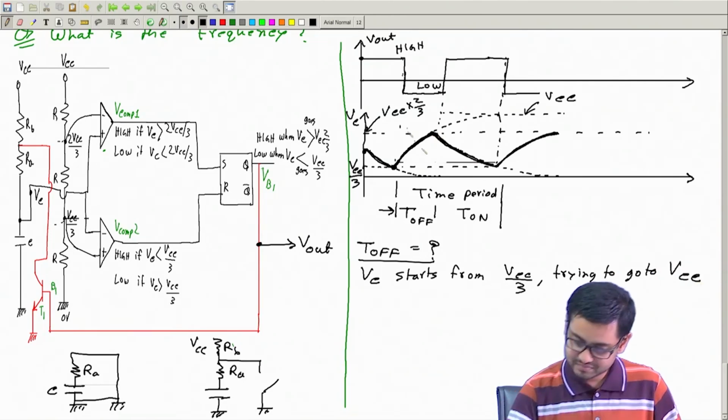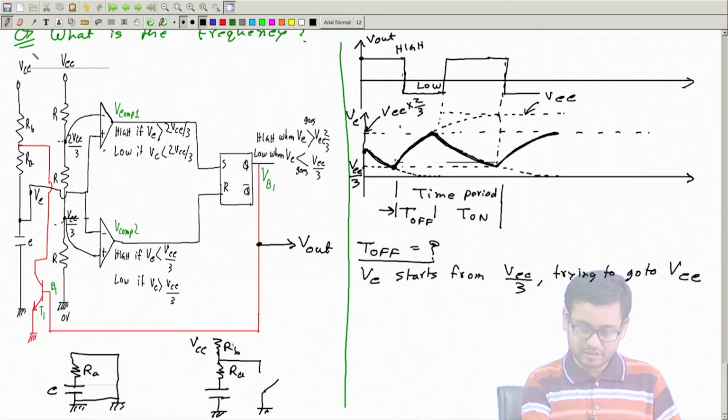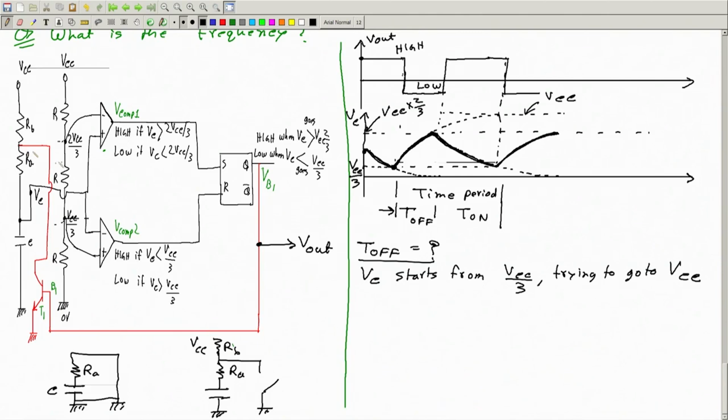VCC, the supply voltage. If nothing is stopping this capacitor from getting charged, if this transistor is not there, then it will go to the full value VCC.